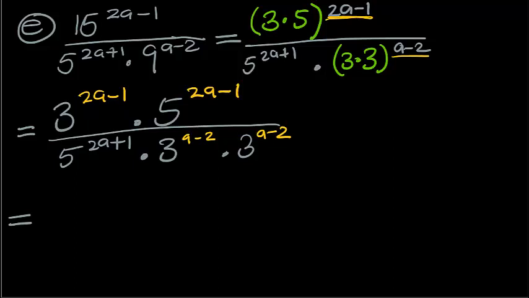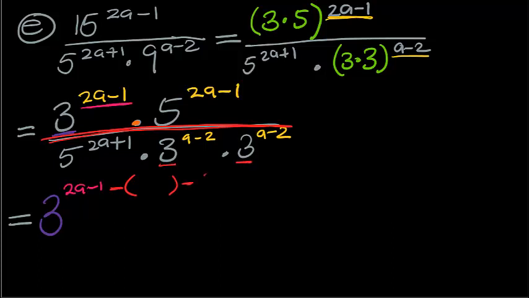I am going to say, let's start with the base of 3. So if 3 is my base, then my first numerator is going to be 2a minus 1. Now, I can't multiply by 5. Because I am dividing, because my next 3 is at the bottom, I am going to subtract in brackets, and I have a second one here, so subtract in brackets. What goes inside of my brackets is going to be a minus 2, that's that one, and a minus 2, that's that one.